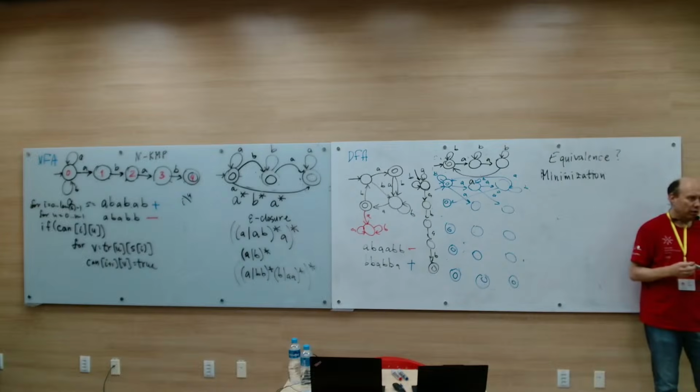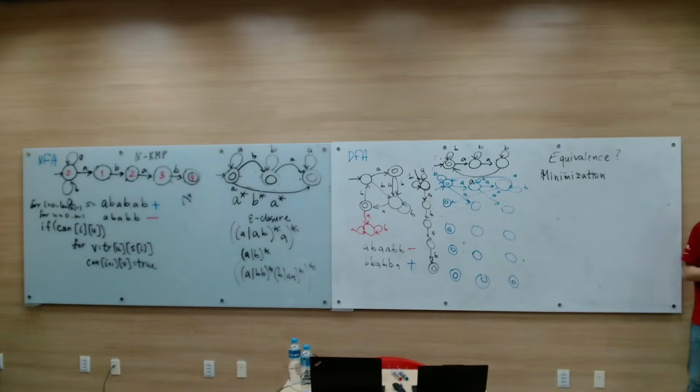There are several algorithms with square complexity in the number of states, n squared if n is the number of states, and there are algorithms with n log n complexity that are actually tricky to write.